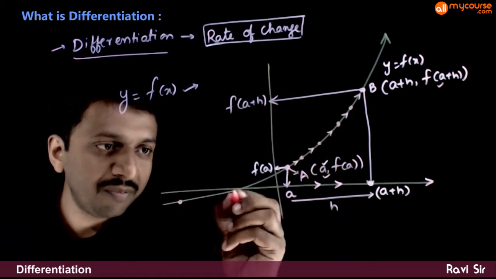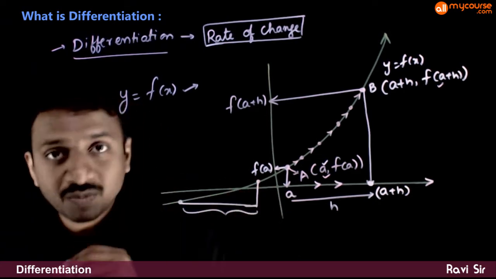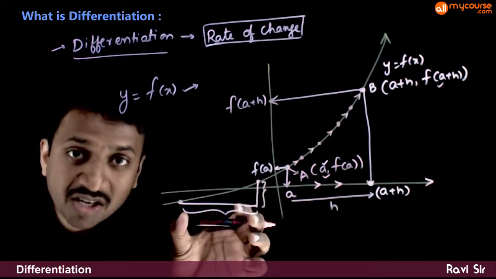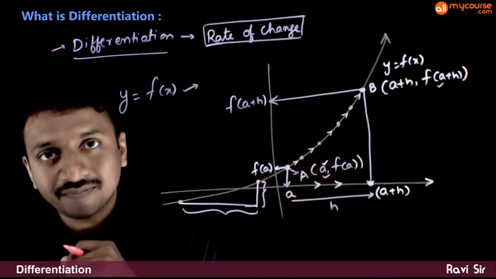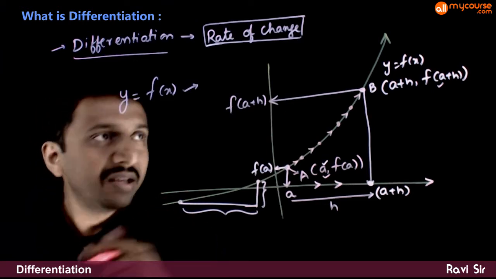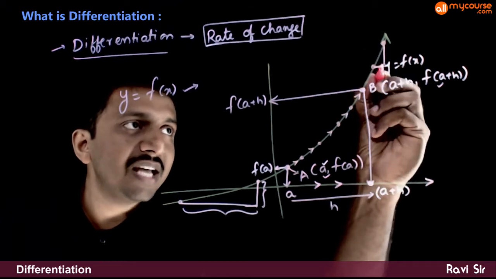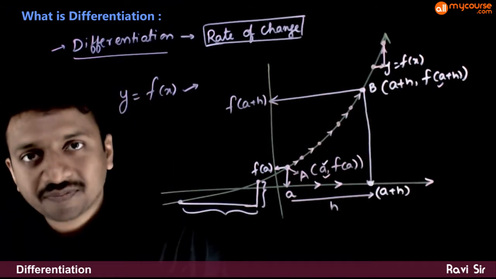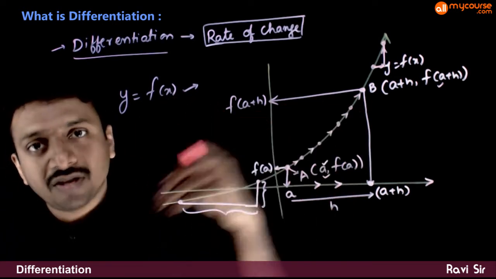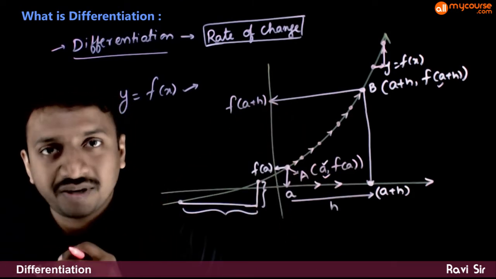For example, if you move from here to here, the change in x is this much, but the change in y is this much. You can very clearly see that x has changed a lot, y has not changed a lot. Here the change in x and change in y look very similar, but if you go from here to here, the change in x is small, the change in y is large. So depending on the function and depending on where you measure on this function, the change in x and change in y might be different.